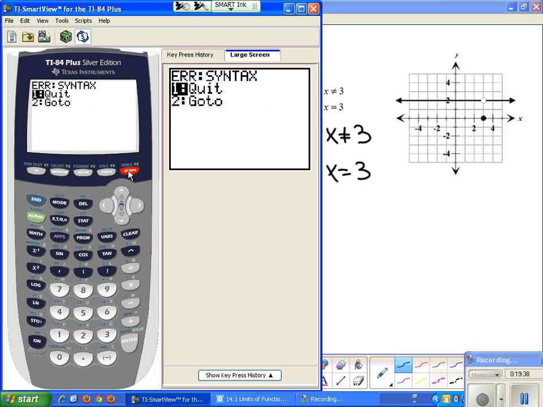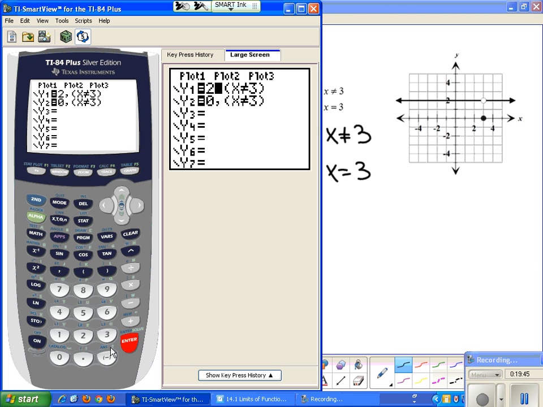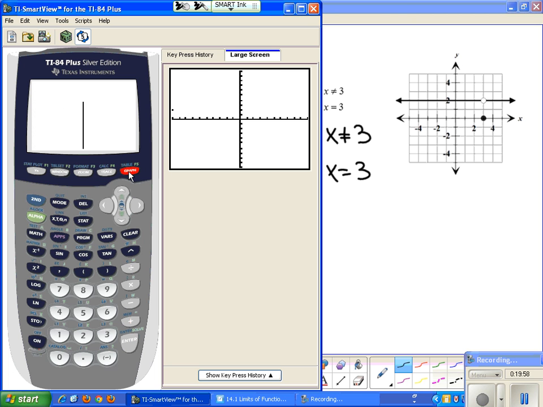Now if I hit graph here, oops. I'm sorry, it's not the comma, it's the division symbol. I forgot. So we'll fix that. So put the division symbol to do that. I was thinking of my other program.